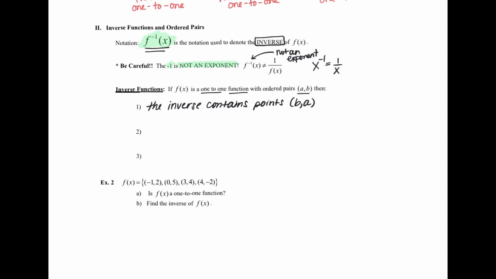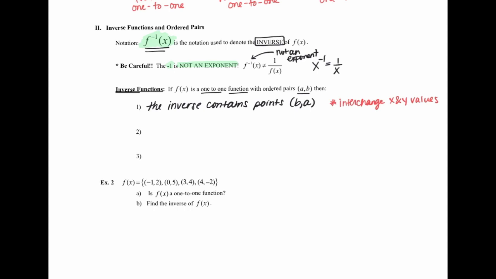So it's going to become really simple to find inverses because all you have to do is interchange. Some people say switch or swap. I'm just going to say interchange the x and the y values. So if your function had the coordinate 5, 3, then the inverse would have the coordinate 3, 5.